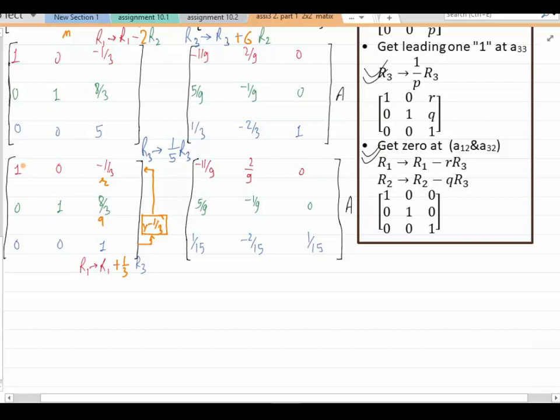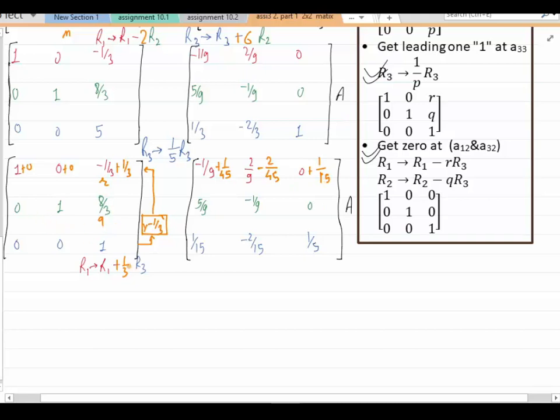So it will be plus 0 and plus 1 by 3. Same thing on the right hand side will give us plus 1 by 45, minus 2 by 45 and plus 1 by, actually here we have 1 by 5, right? So here we will get 1 by 15.